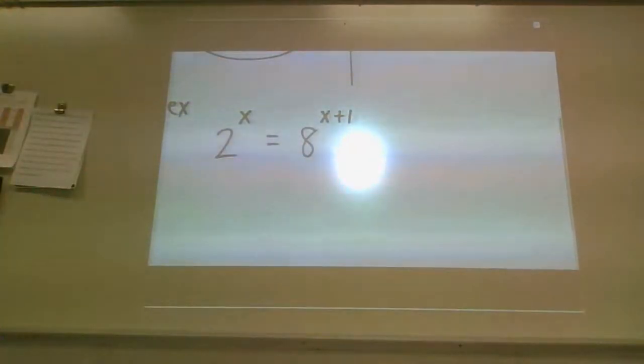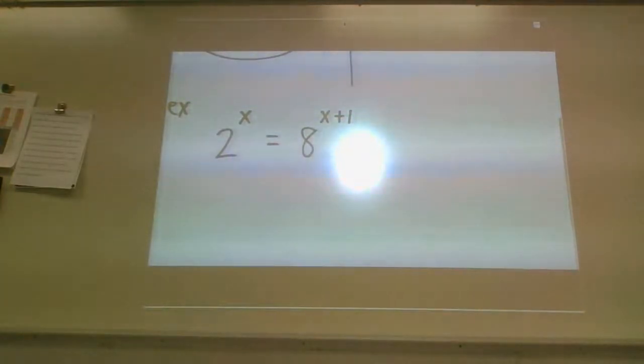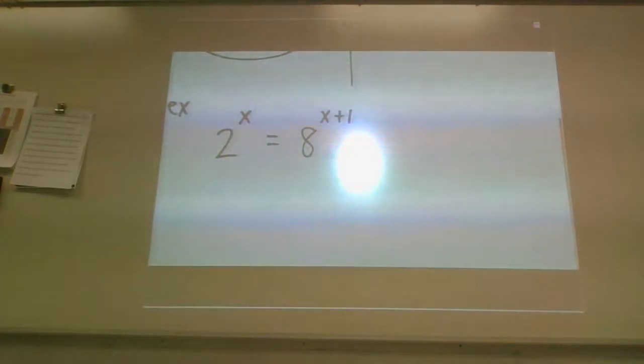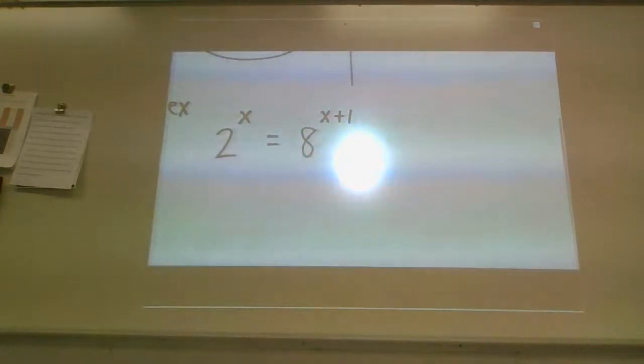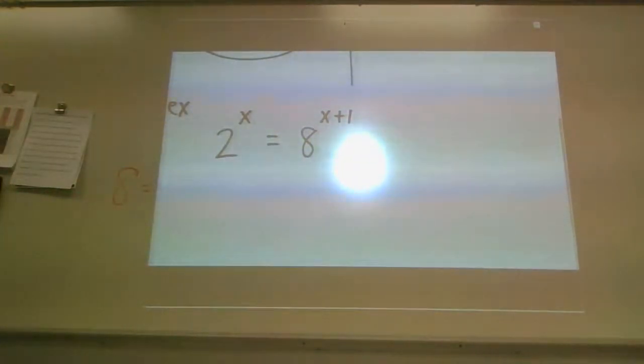Quickly, break down the number 8. What is 8 broken down all the way? If you could break it down into its prime factors. Like 8 equals what? Like we broke this down into a factor tree.